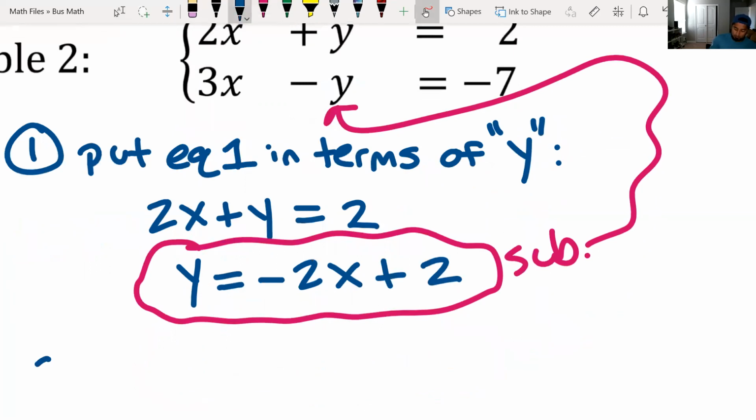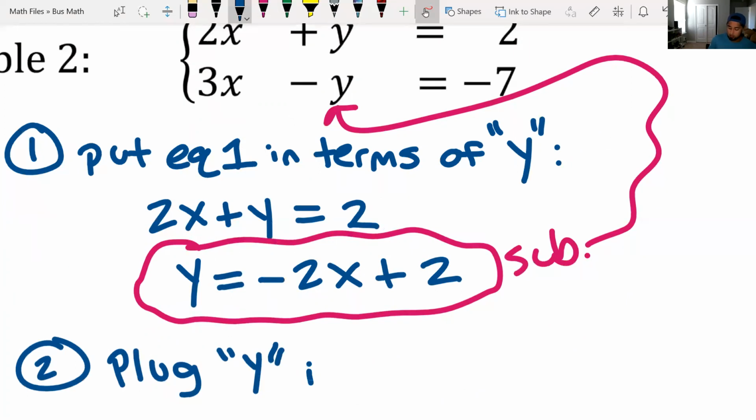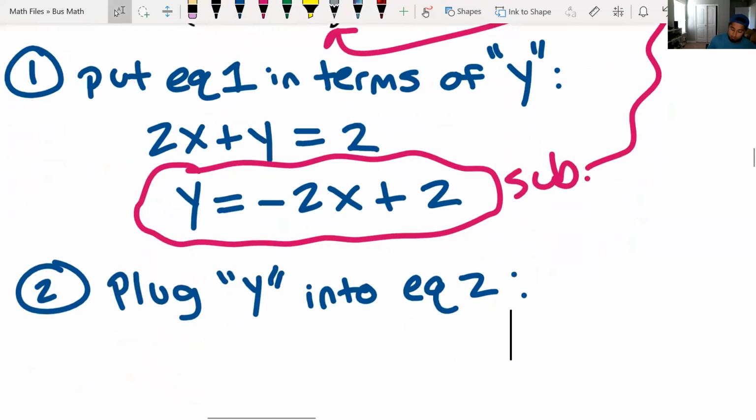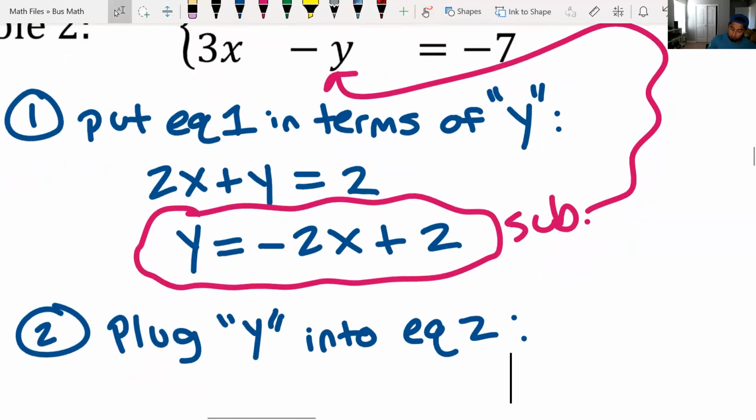So, step. Plug y into equation 2. Okay. So let me see equation 2.